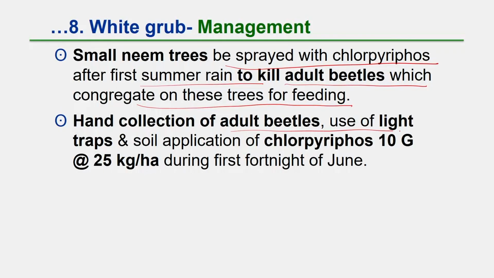So better to kill those beetles so that no grubs are produced. Use hand collection of adult beetles, light traps, and soil application of chlorpyrifos at the rate of 25 kg per hectare during the first fortnight of June. So chlorpyrifos can be used.